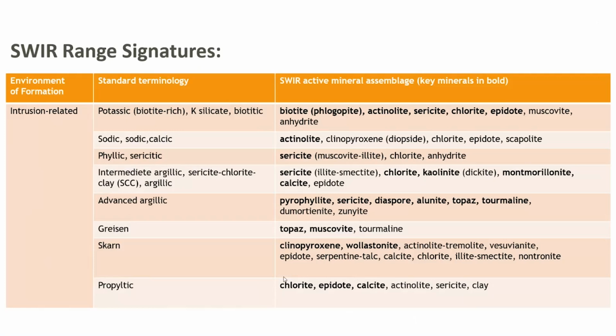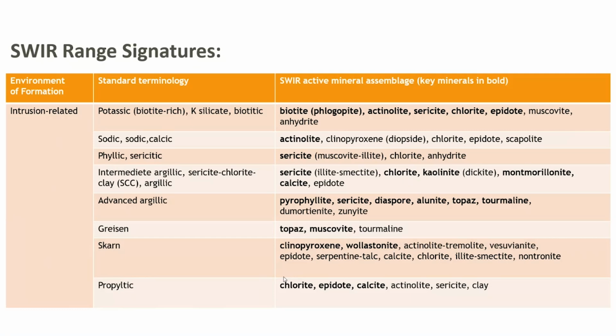Now, I'm not going to go through all of these, but this slide and the next slide that I'll show are going to showcase the different mineral assemblages that can be seen in the SWIR regions for different types of deposits. One big one is intrusion related, where you've got all kinds of different types of alterations that have their own distinct mineral assemblages to be expected.